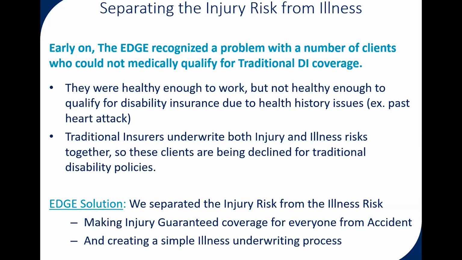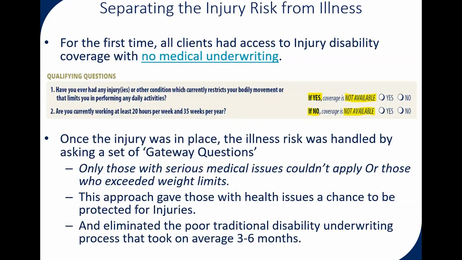This certainly is in line with the example I've used of a client you might have who had a heart attack 6 or 7 months ago. Back at work, everything's fine. They're not going to get the illness coverage from us because they just had a heart attack. But if they're back working and everything's fine, you could at least get that person an injury plan. So that is one of the advantages of unbundling the injury from the illness.